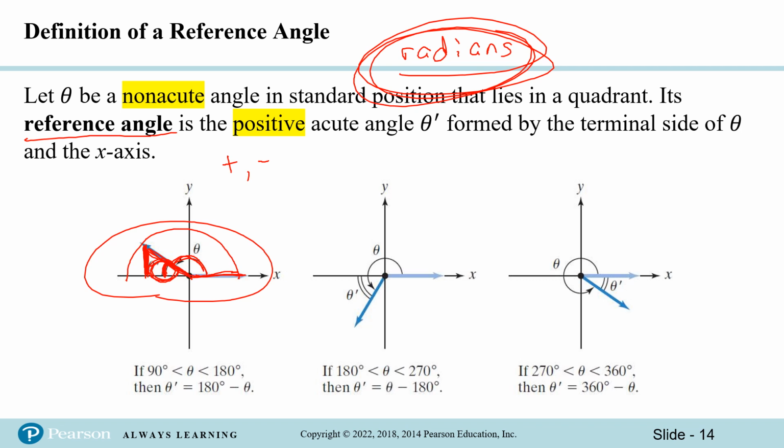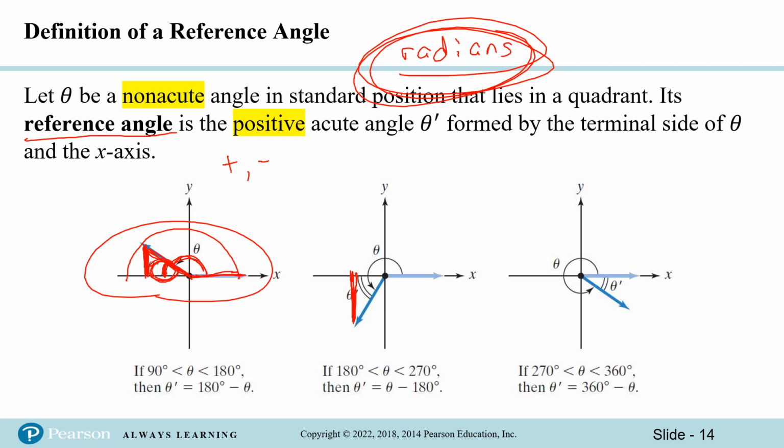Okay, sounds easy, right? Well, and this, guys, this is only for degrees. I'll show you what you need to do with radians in a minute because it's so much easier. So we need to get to the x-axis, okay?